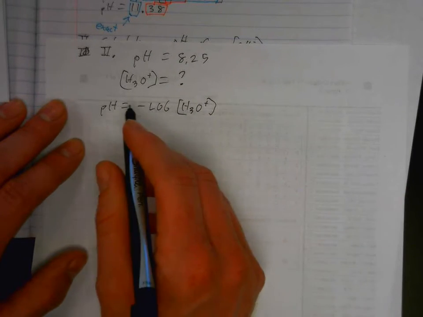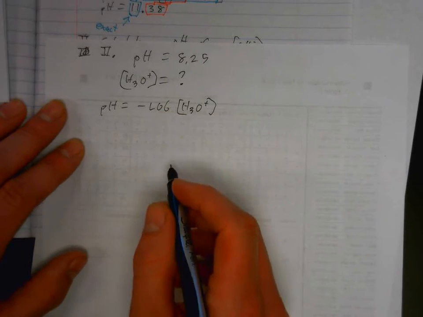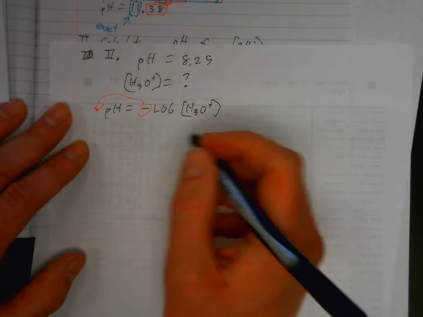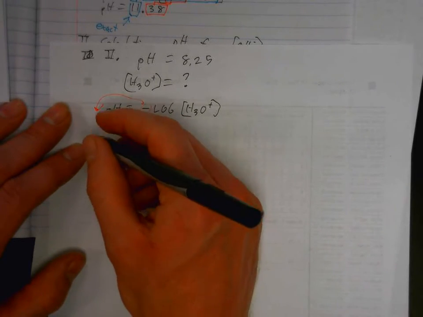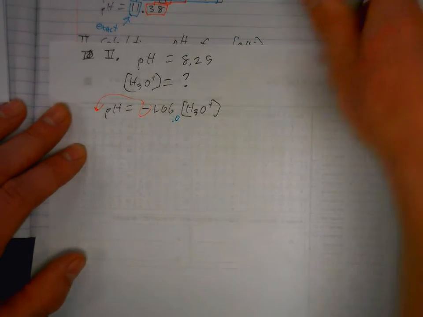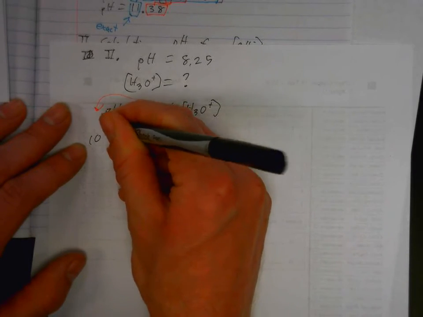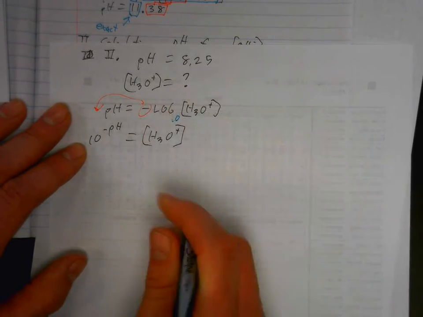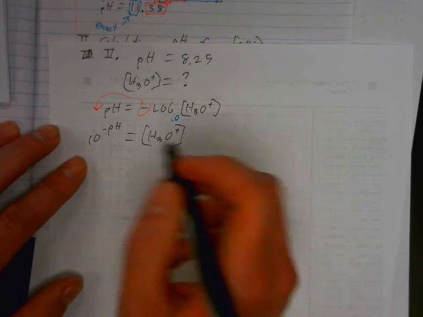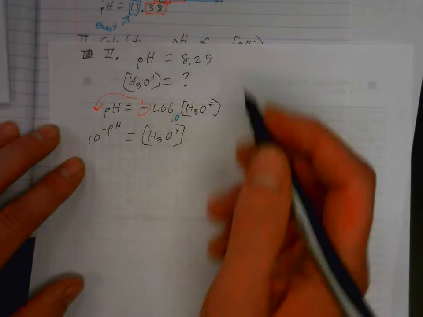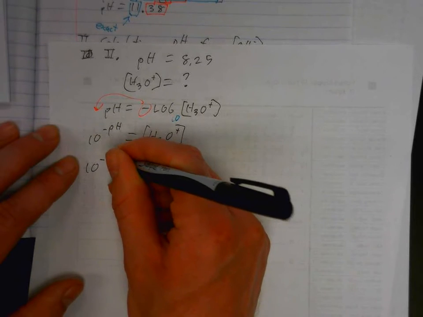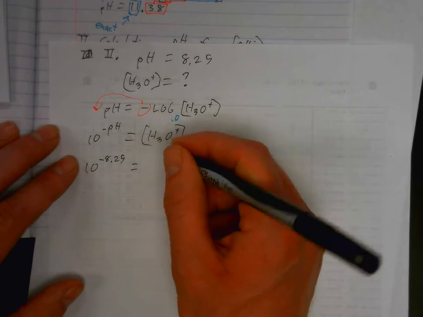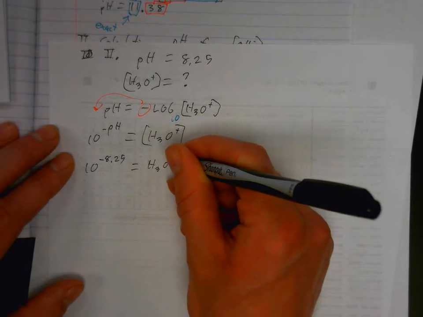If we know the pH and we want to know this, let's move that negative sign over. And we have this expression. It's base 10. So 10 to the negative pH power is the hydronium ion concentration. So the pH is 8.25. 10 to the negative 8.25 is the hydronium ion concentration.